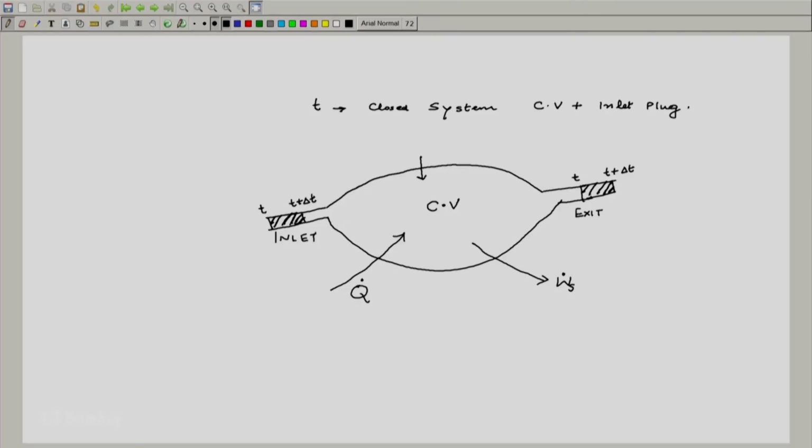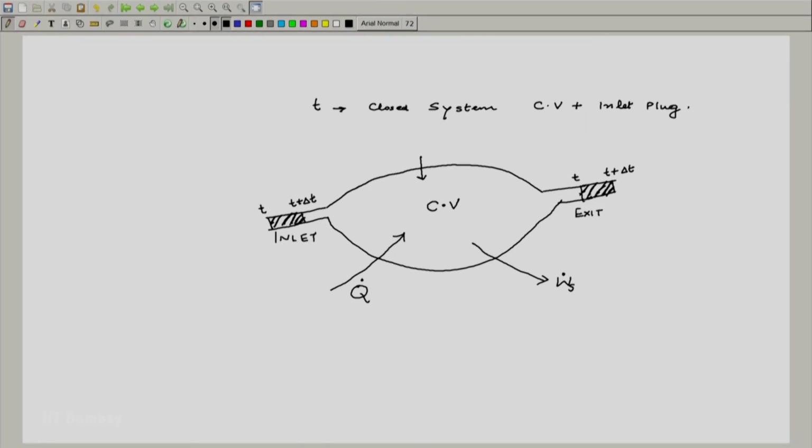Now, you realize that at time t plus delta t, whatever mass is here would have gotten up to here, and we will assume that no mass is transferring across this boundary. Every mass that was considered up to this point now occupies all of this exit volume.